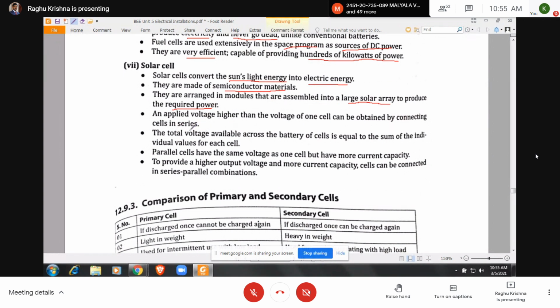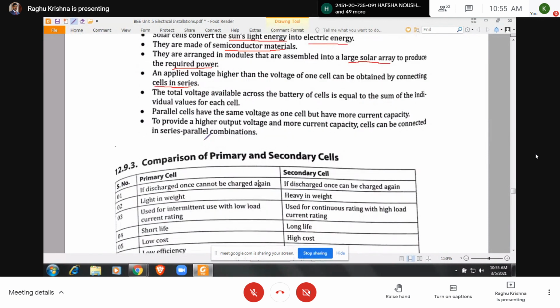If the cells are connected in series, we are going to increase the voltage. The total voltage available across the battery of cells is equal to the sum of the individual values of each cell. Parallel cells have the same voltage as one cell but have more current capacity. So if you want to increase the current capacity, you have to connect the cells in parallel.